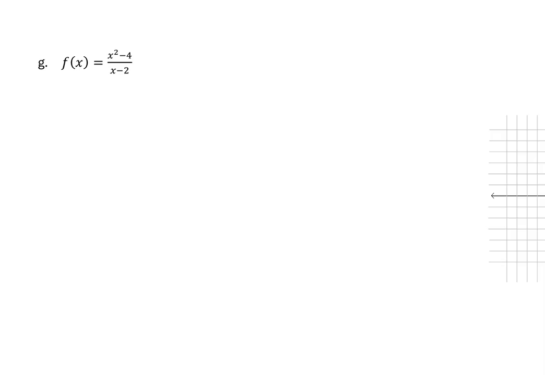There's nothing wrong with doing that on all of them if possible, just because at some point we're going to have to do it. But if we go ahead and factor the numerator, what we get is x minus 2, x plus 2 over x minus 2.